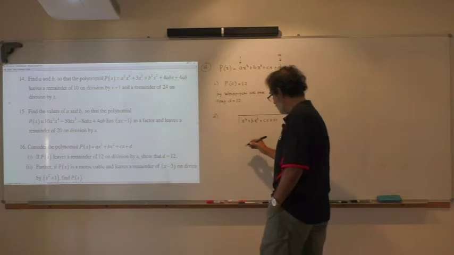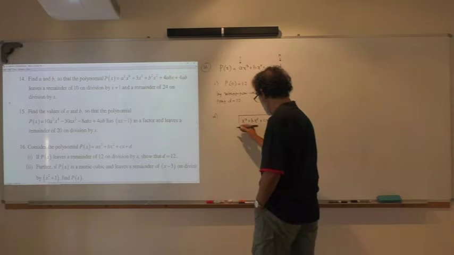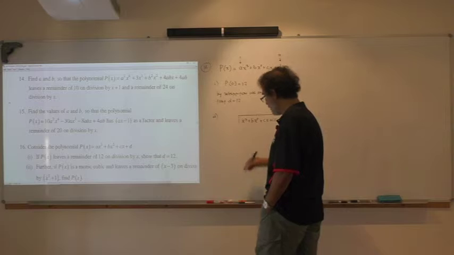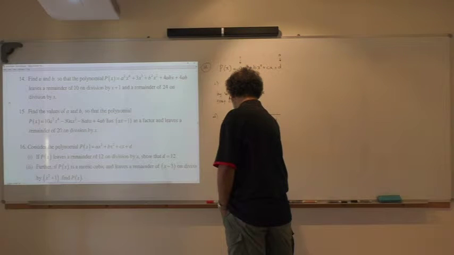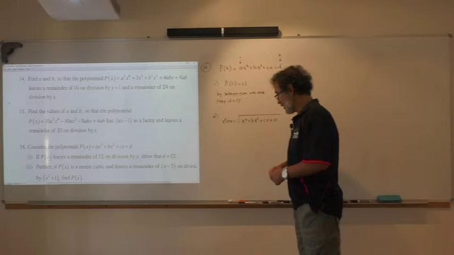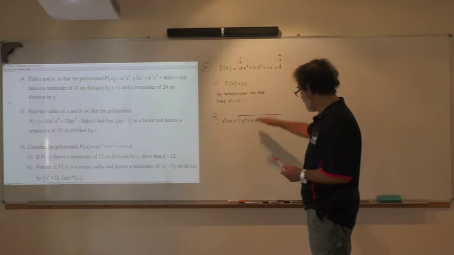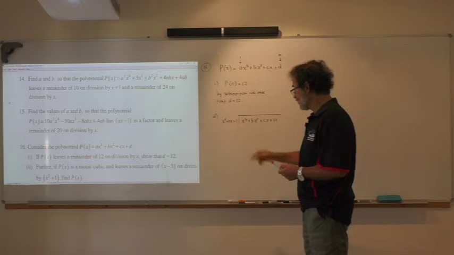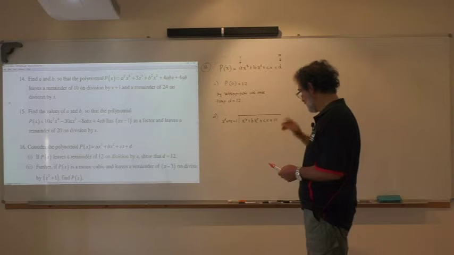We're gonna divide that polynomial by x squared plus 1, but in that divisor the x term is missing, so we're gonna put x squared plus 0x plus 1. And then we're gonna perform the division. Keep in mind that the remainder when we divide this by this is x minus 3.